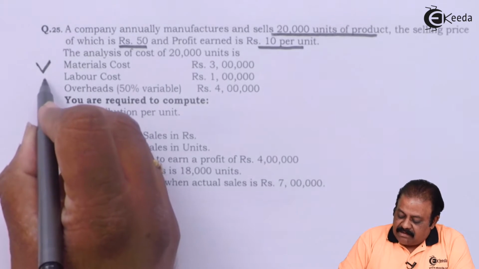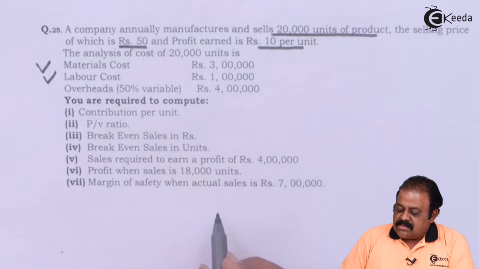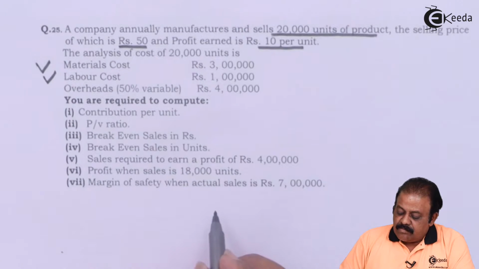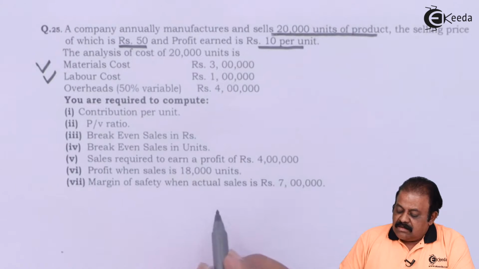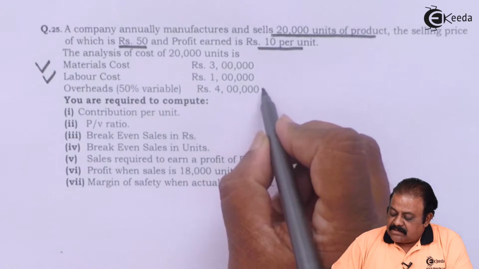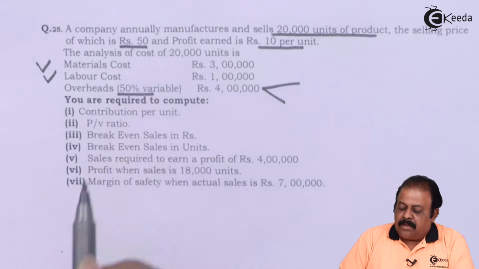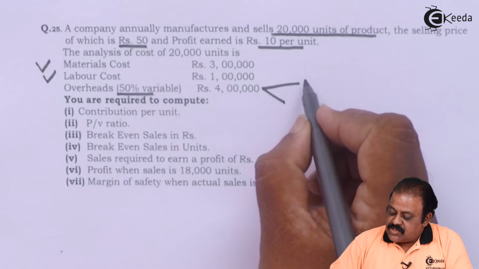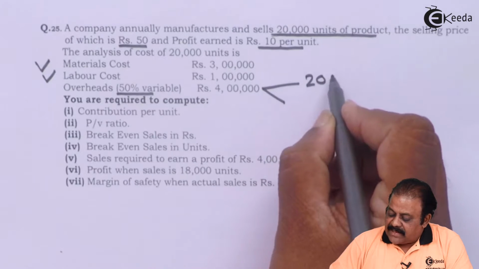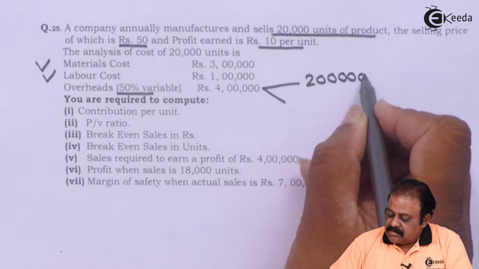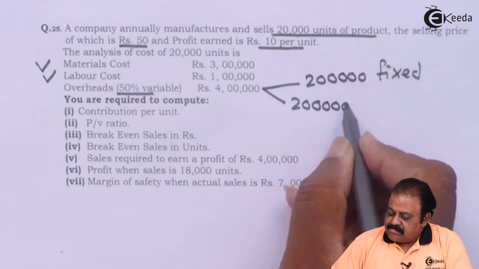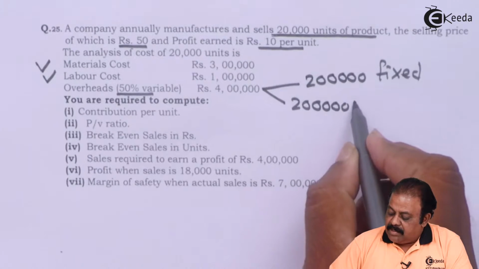Labor cost 1 lakh is a variable cost. Overheads total they have given 4 lakhs, but they have said here 50% variable. That means 2 lakhs is fixed and the balance 2 lakhs is variable.